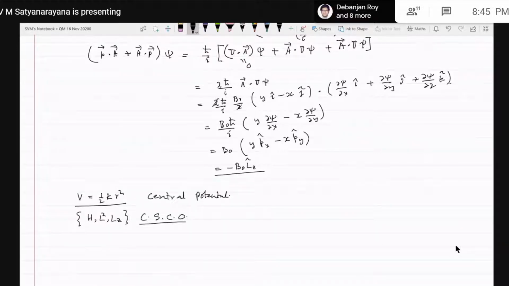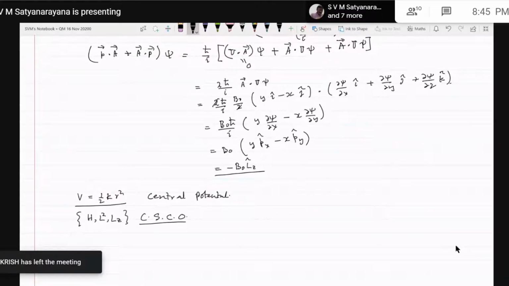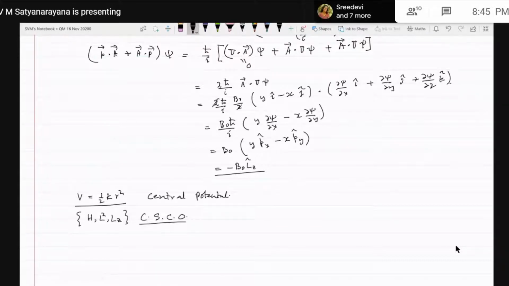Now, if you write your Hamiltonian in terms of spherical polar coordinates, your H can be written as p_r square by 2m, this is the radial momentum, plus L square by 2m r square, this is the centrifugal, the angular momentum part of the Hamiltonian, plus V of r, that is half k r square.